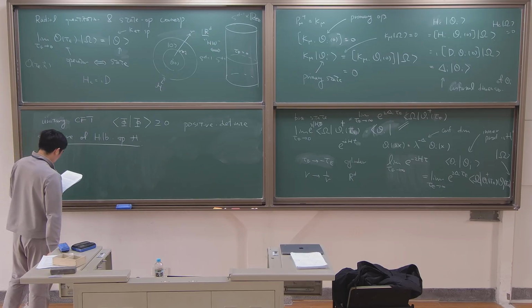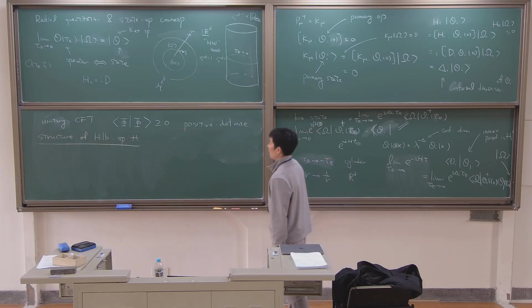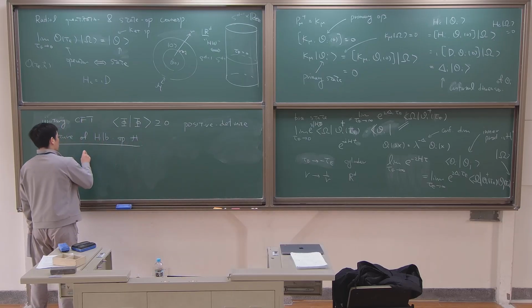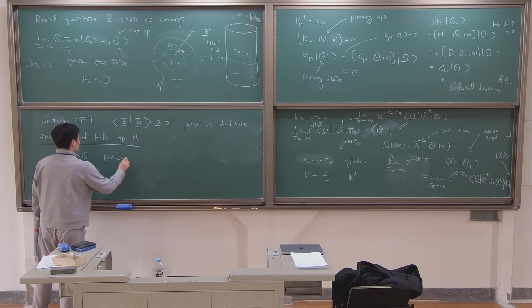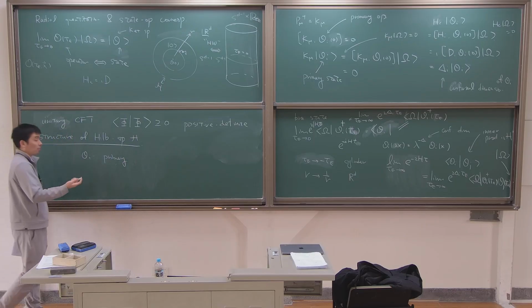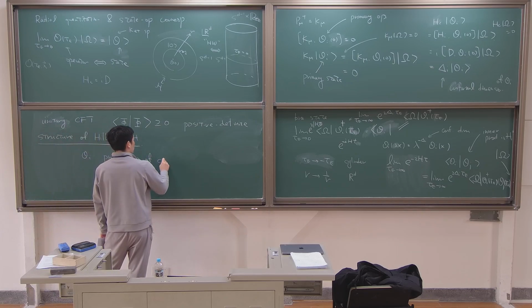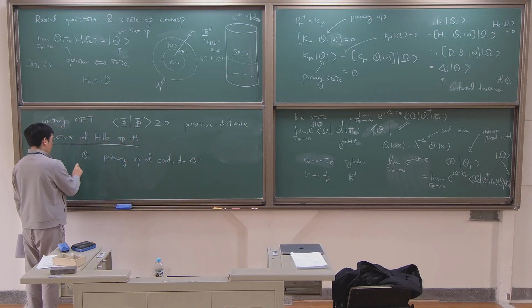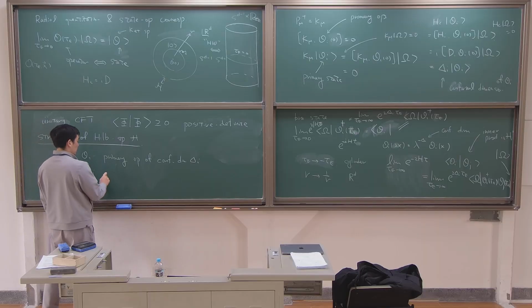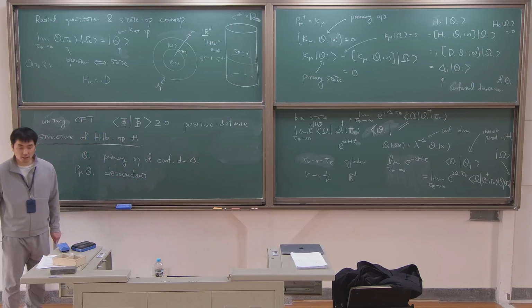First claim: recall that if you have an operator O_I of 0 or whatever, O_I is a primary operator of scaling dimension, conformal dimension, delta_I. Then P_mu acting on O_I is called a descendant. That's what we learned last time.